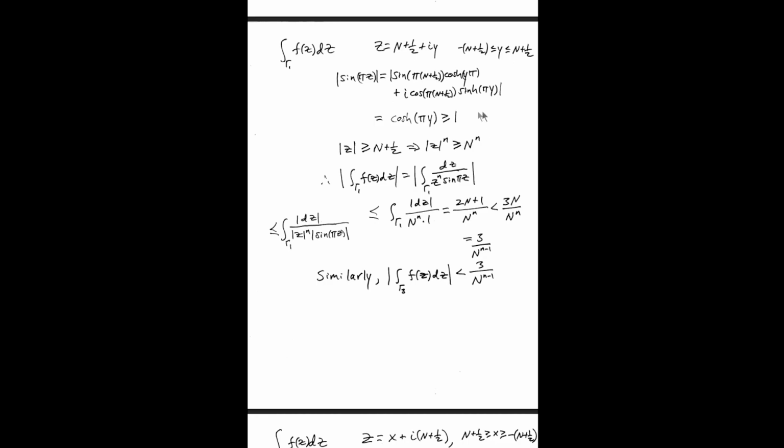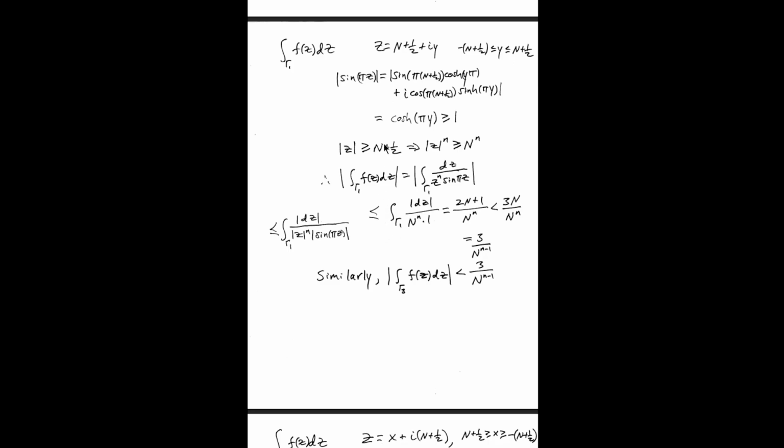Plugging in our results, this is less than or equal to the integral of the absolute value of dz over n to the n times 1. This simply equals (2n plus 1) over n to the n. Now, 1 is less than n, so this is less than 3n over n to the n, which equals 3 over n to the n minus 1. That's our first result.